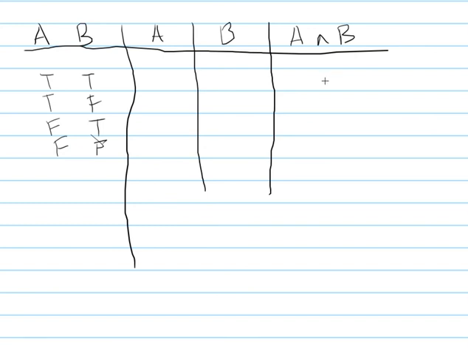If there is such a row, we know it's not a valid argument, since it's possible for the premises to be true and the conclusion false. But if on every row in which the premises are true the conclusion is also true, we see that it is a valid argument. So let us fill this in. Again, the premises are very simple. They're just the letters themselves.